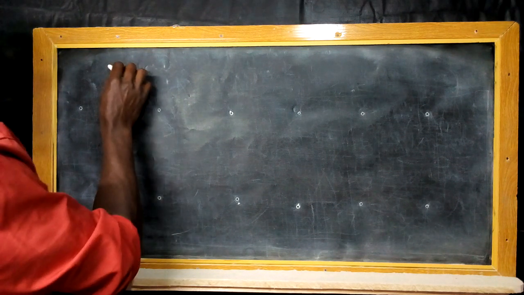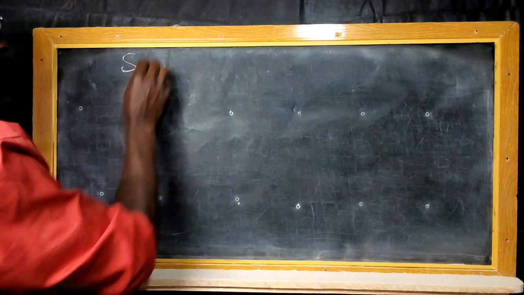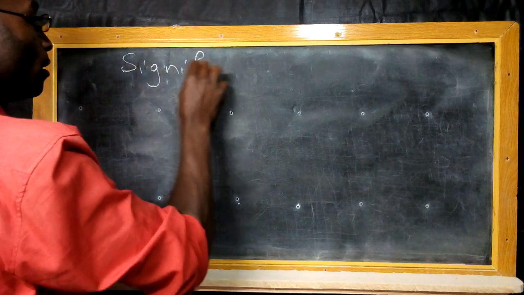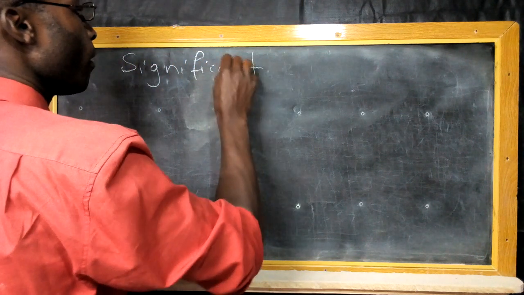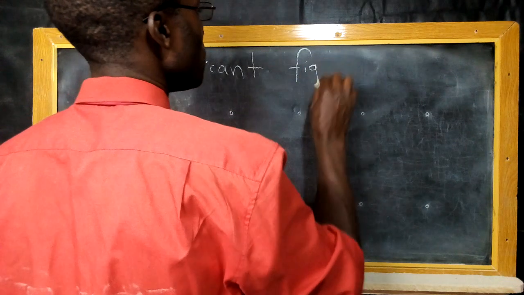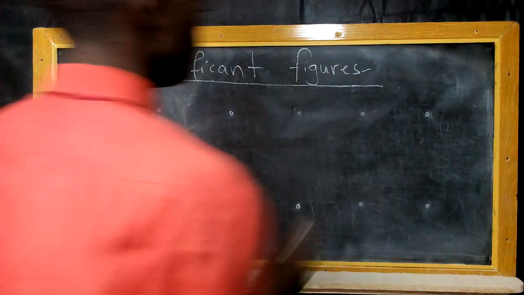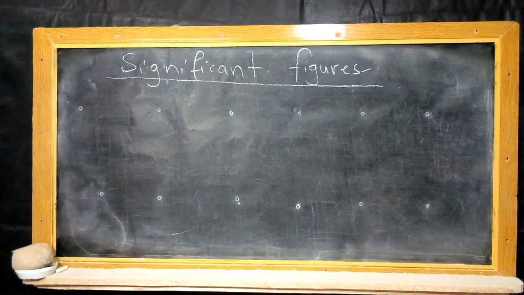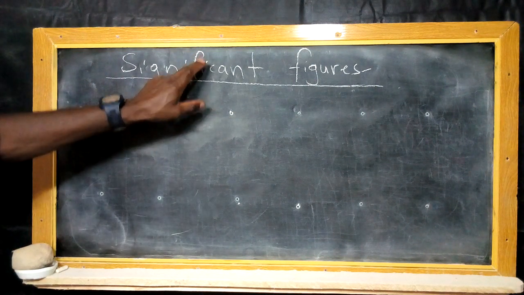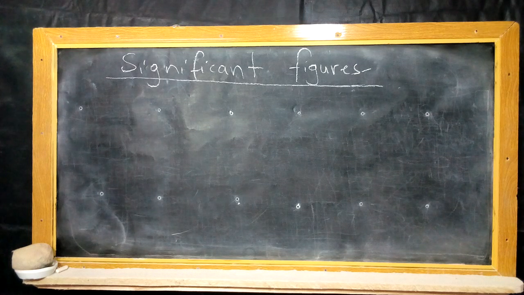So as I've said, we are going to study today about the concept in measurement, that is about significant figures. We shall look at what the term significance implies, and we're also going to look at some of the specific terms which are used under the broader topic of measurement, which are going to assist us to understand this concept of significant figures.